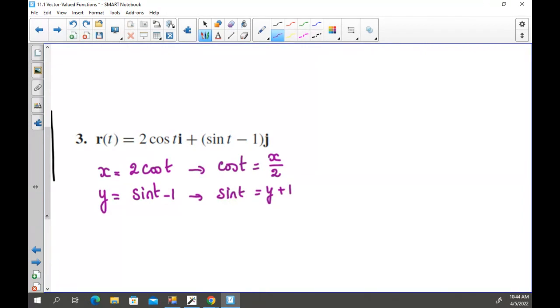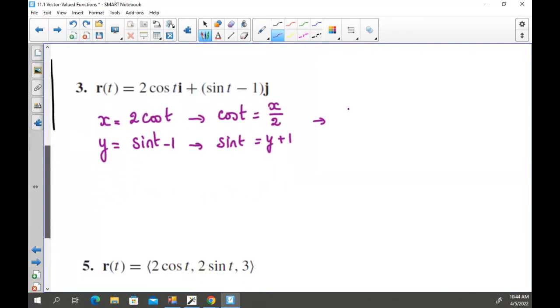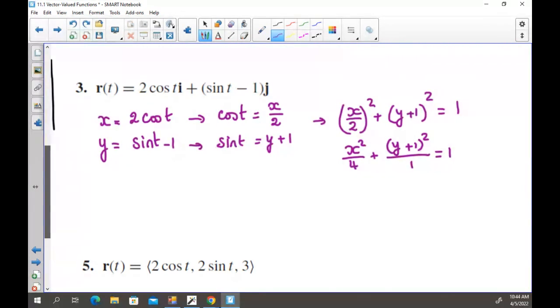So that means from here you can see that x over 2 squared plus y plus 1 squared is going to be equal to 1. That means the equation becomes x squared over 4 plus y plus 1 squared over 1, equal to 1.